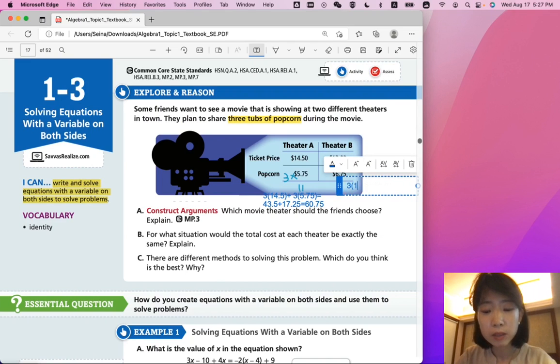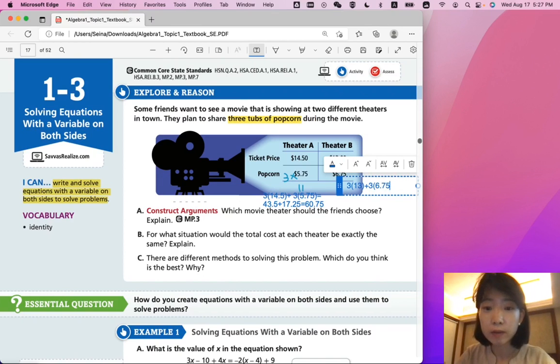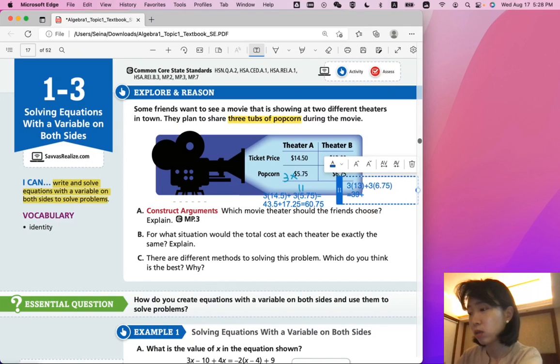For theater B, we have 3 times 13 plus 3 times 6.75. So that's equal to 39 plus 20.25.